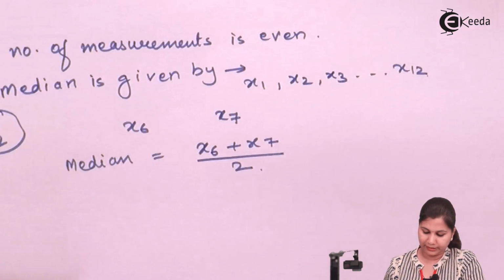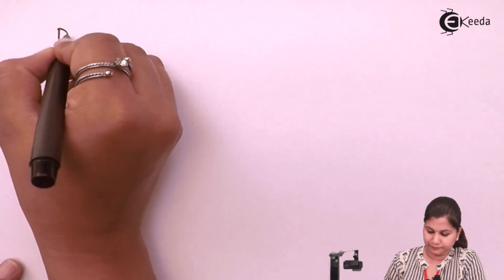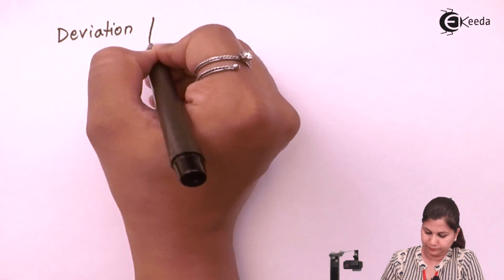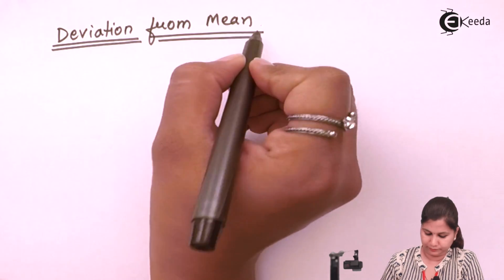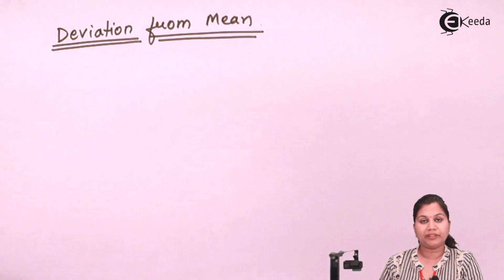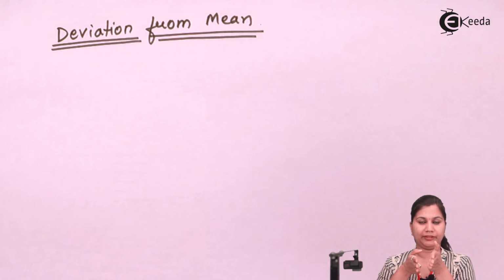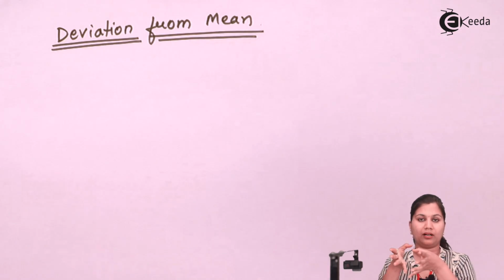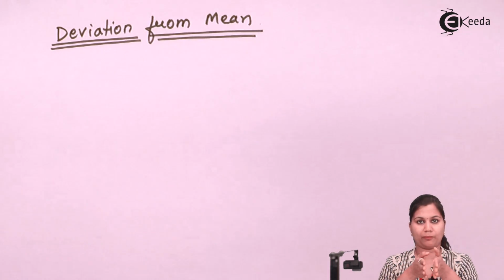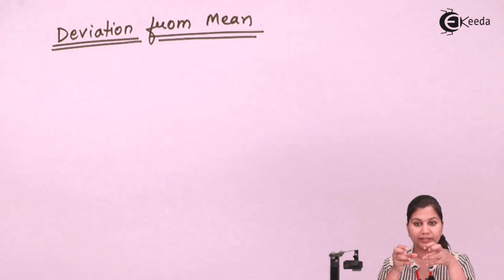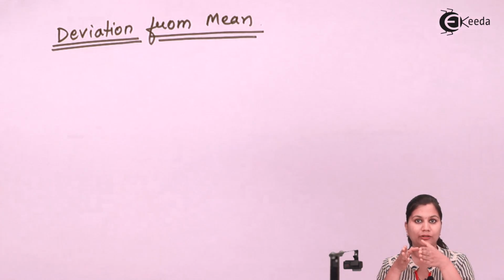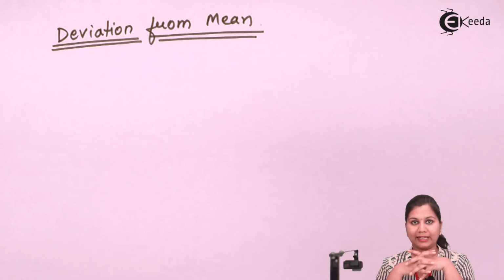Now the next term is deviation from mean. Deviation means that we are deviating or going on a different path from some value, that is, the difference between the actual value and the value which we are getting.